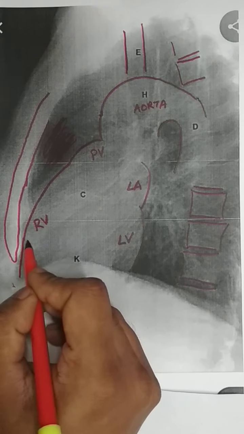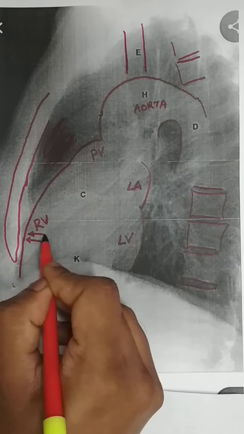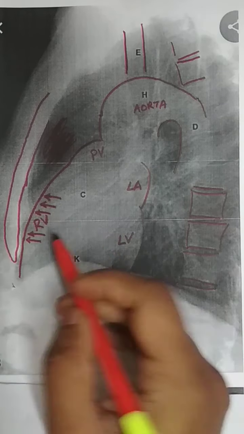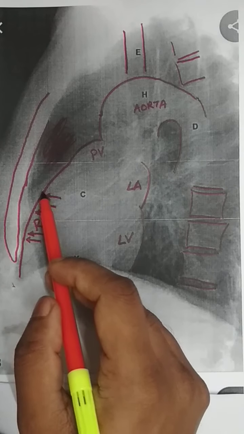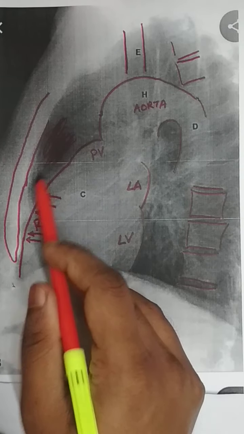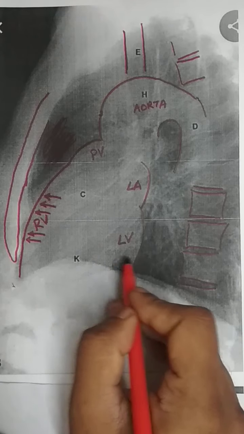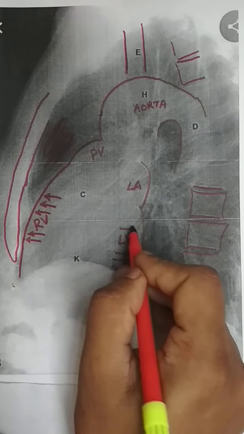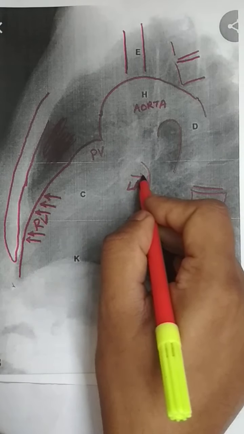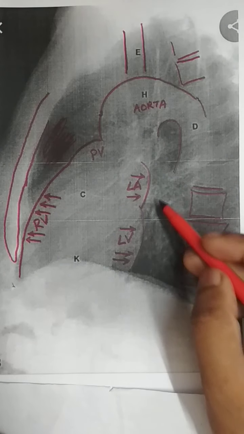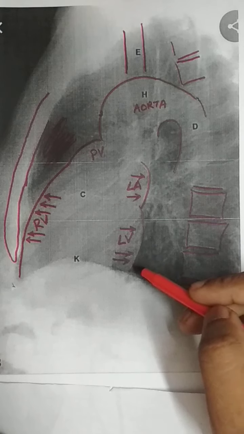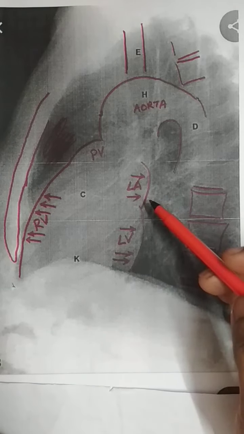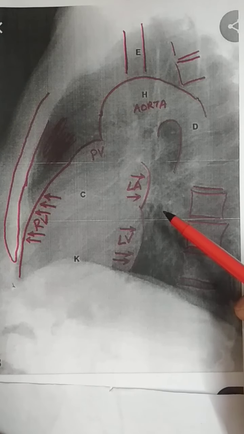The right ventricle would enlarge anteriorly and upwards, and eventually extend to the anterior mediastinum. If there is hypertrophy of the left ventricle, it would extend backwards, and the left atrium would also extend backwards. So this space would be obliterated by the left ventricle and the left atrium depending upon the amount of hypertrophy.